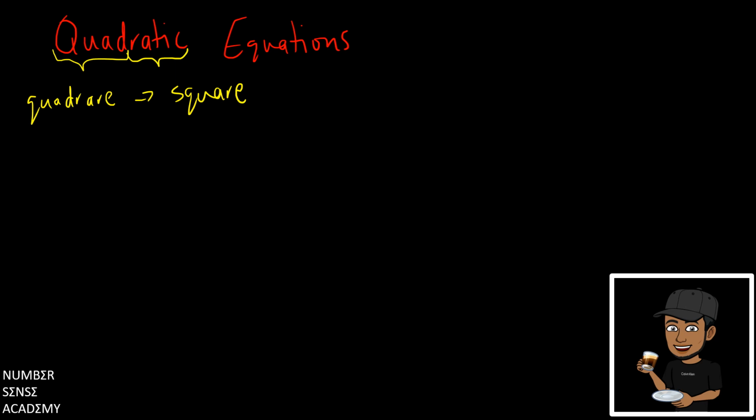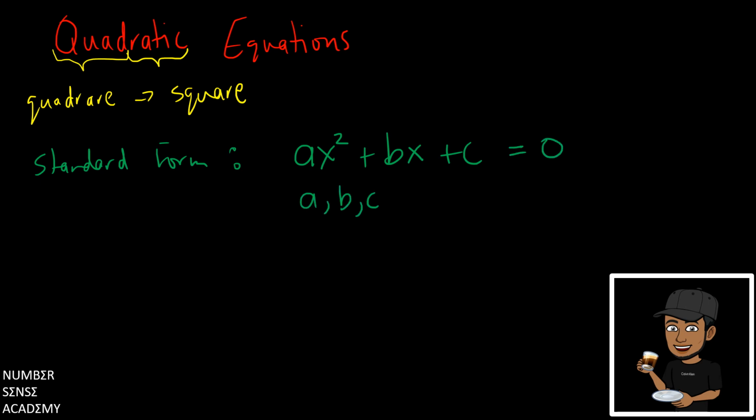Okay, so the standard form for a quadratic equation is ax squared plus bx plus c equals 0, where a, b, and c are constants, or coefficients in front of the terms, but a cannot be 0.